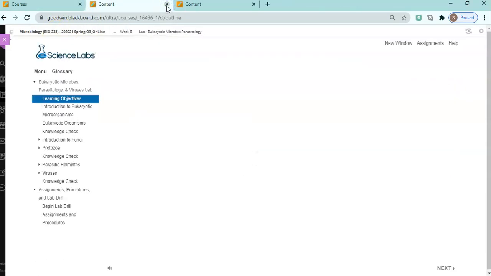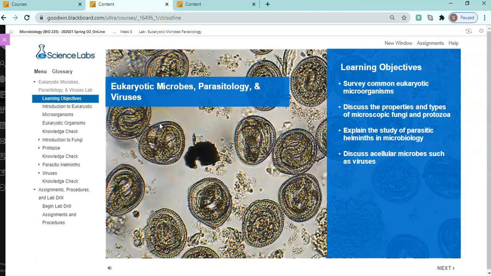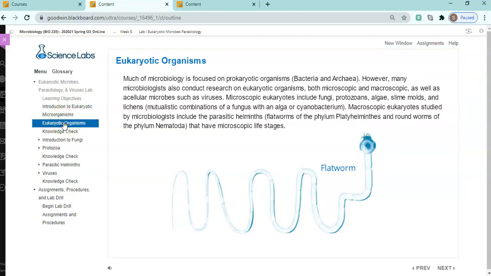From there, we then got into the Eukaryotic Microbiology Lab. And again, make sure that you're familiar with the differences in eukaryotic microorganisms, including some of the major groups like the fungi, the protozoans, the algae, and of course, the helminths or parasitic worms.